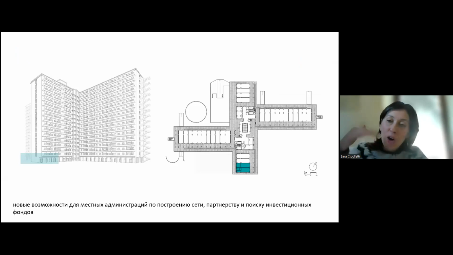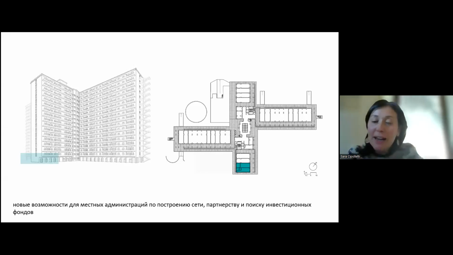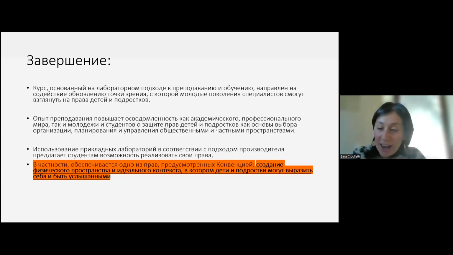It's a building of 17 levels, and on the ground floor we work for a center for young people, an educational center, because on the ground floor there's a space that belongs to the municipality, and so with the connection with the municipality and with other local operators, we propose this. So I think that I can conclude because we finish our time.